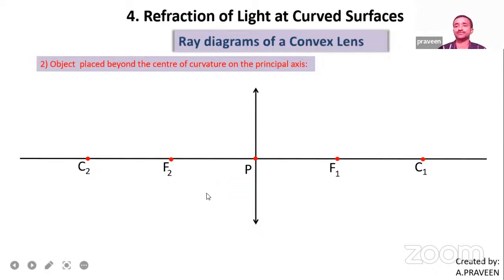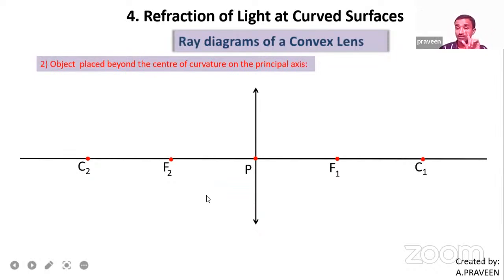Then the object. So where is the object? Beyond the center of curvature. The object is always represented by an arrow above the principal axis. For that, I'll give you one logic: the width of the scale. Where is beyond the center? The object is always placed on the left side, so that center is C2. Left side center is C2.